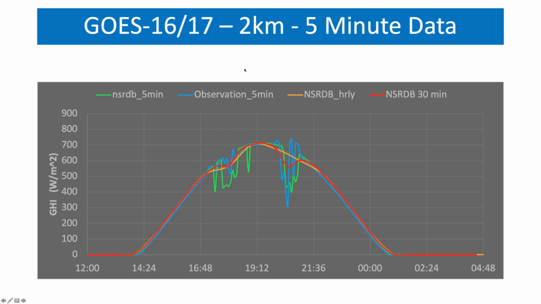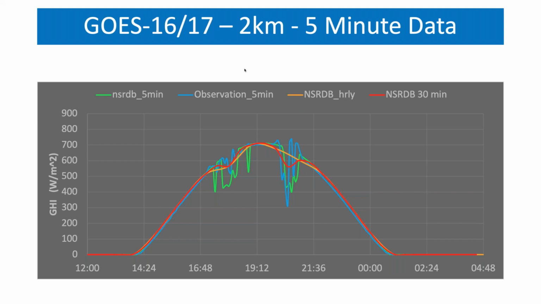So we of course have our 30-minute, 4-kilometer data, but as I mentioned, we have an upgraded satellite which provides us 5-minute data at 2 kilometer nominally. So what we decided was, of course, we'll keep providing the 30-minute to maintain continuity, and the 30-minute is an average of the 5-minute data, but we are also providing the 5-minute data at 2-kilometer resolution.